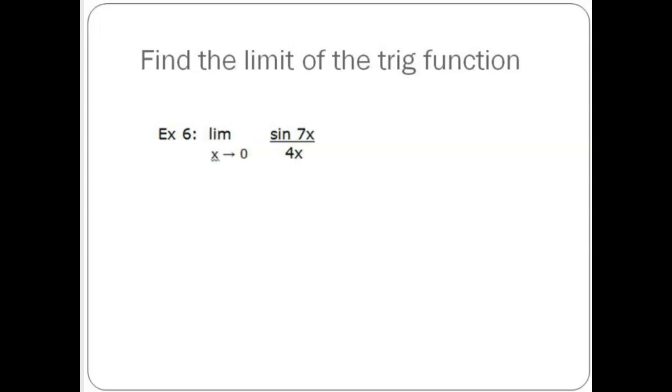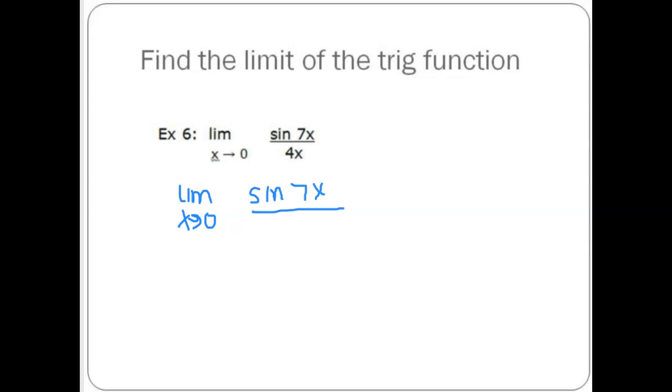The limit as x approaches 0 of sine 7x over 4x. So in this case, I need sine 7x to be over a 7, not a 4.